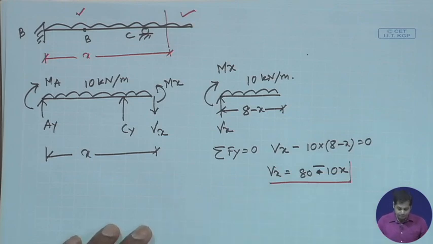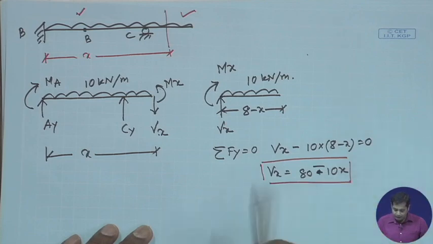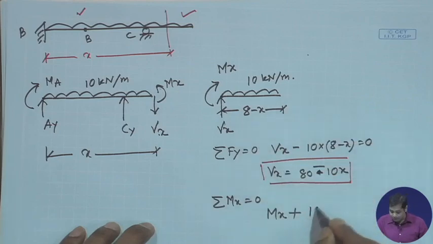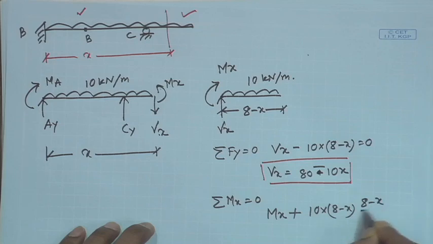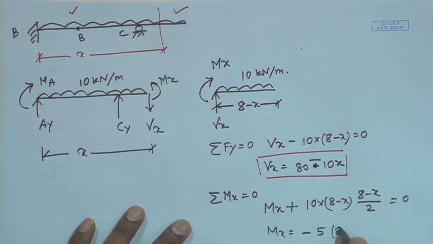Okay. Now, this is the shear force, and if I take summation of Mx is equal to 0, this gives Mx, which is clockwise, plus again this is clockwise, 10 into 8 minus x is the total load, and this is by 2 is equal to 0, and this gives me Mx is equal to minus 5 into 8 minus x whole square.